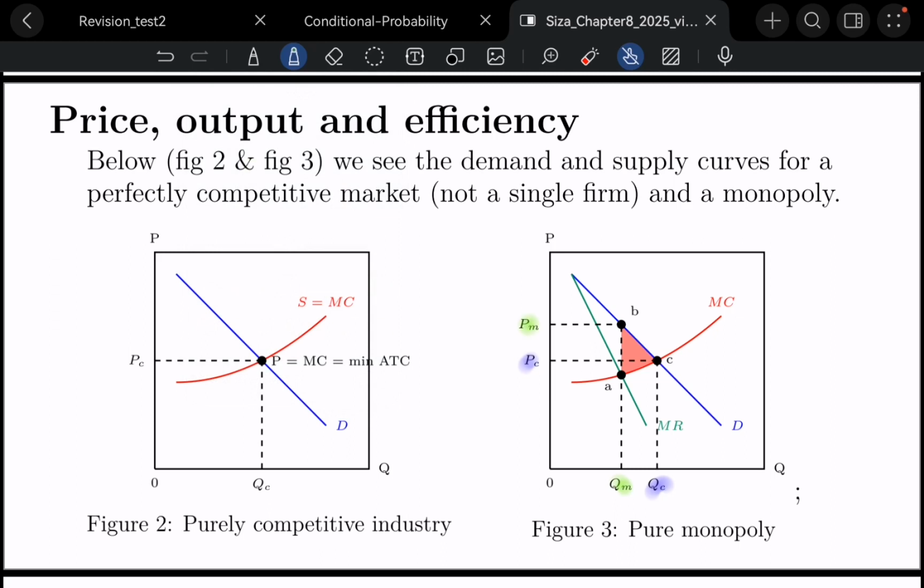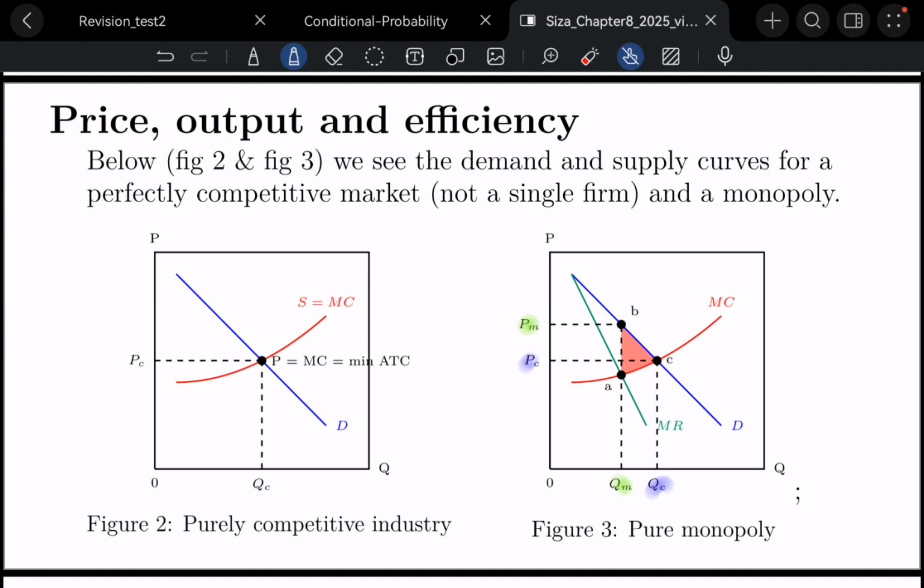So if we're thinking of the economic effects, comparing the monopolist to a perfectly competitive market, first of all, when we talk of price, the monopolist will sell this good at a higher price. PM is higher than PC. Then now we think of quantity.